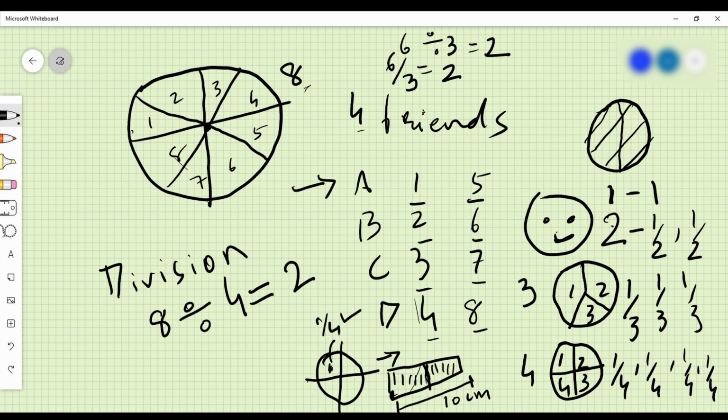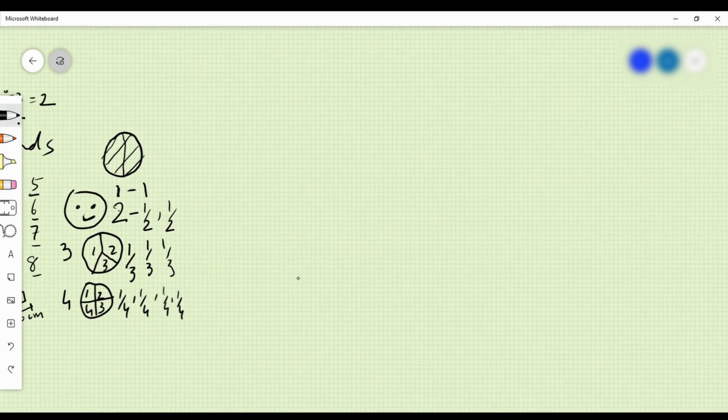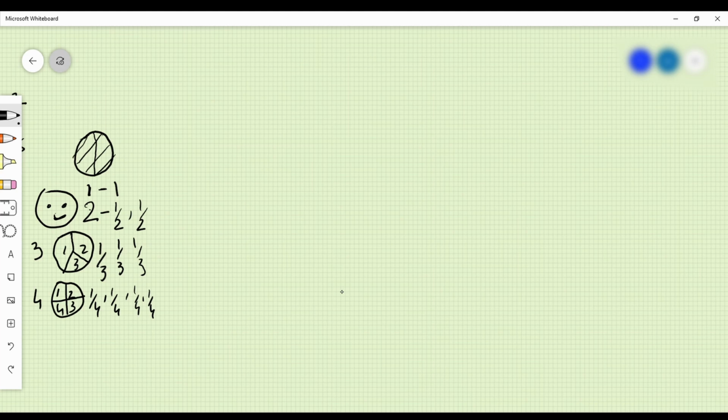So basically, once we start getting into this, we have got a very interesting thing with us, which is the tables. As you know, if you remember the tables, the division becomes easy.